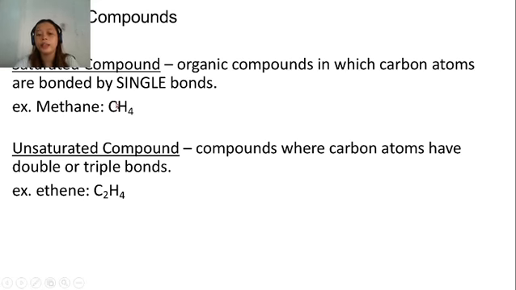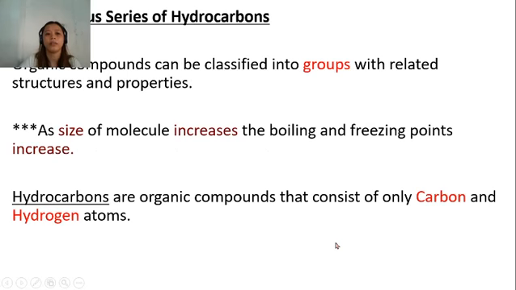The bond between the carbon atom and the hydrogen atom is single only, which makes it a saturated compound. While in unsaturated compounds, carbon atoms have double or triple bonds. So, you have the ethene, C2H4. So, the carbon atom has a double bond.